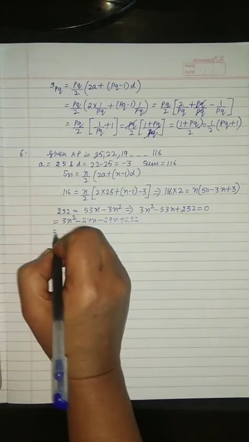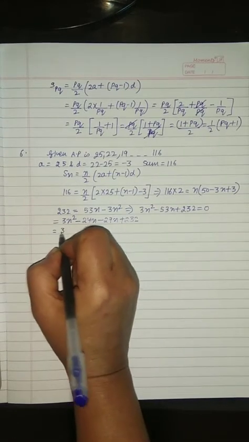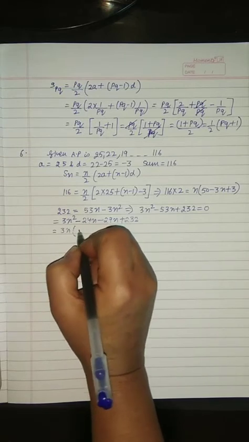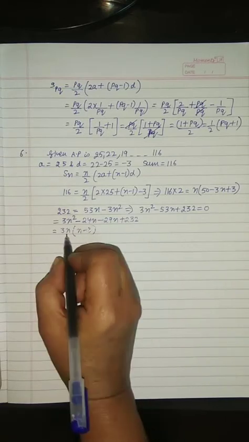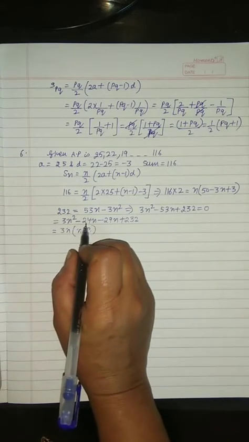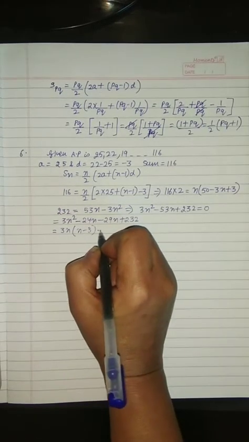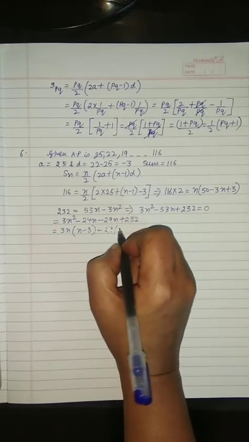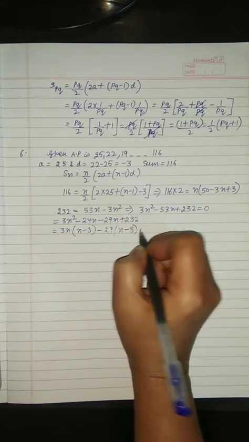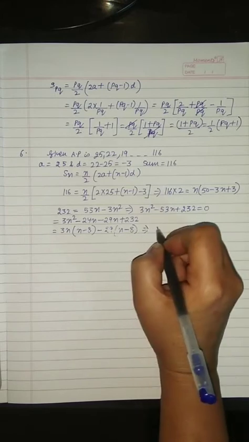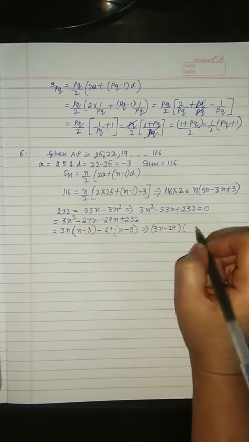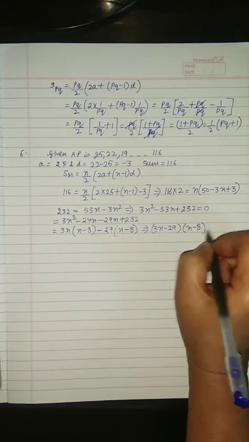Now taking 3n common from the first two terms, it is 3n times n minus 8. Similarly, we will take minus 29 common from the last two terms. It will become n minus 8. So we have 3n minus 29 as a factor and then n minus 8 is equal to 0.